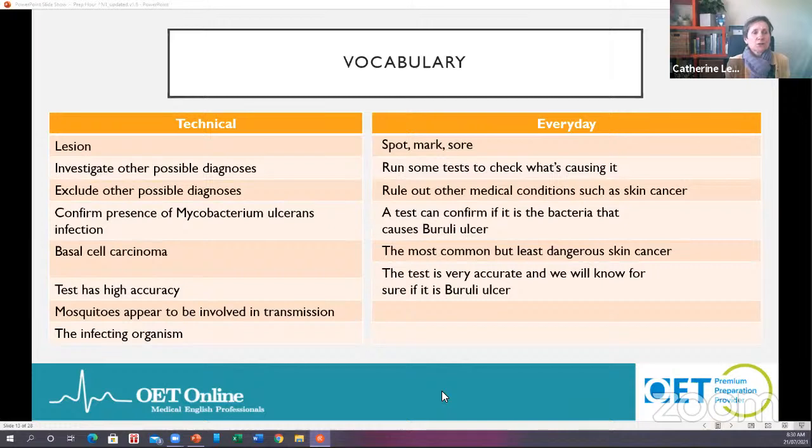How can we put that into words that we would use when we're speaking with the patient? I'll get you to tell me your ideas on those.